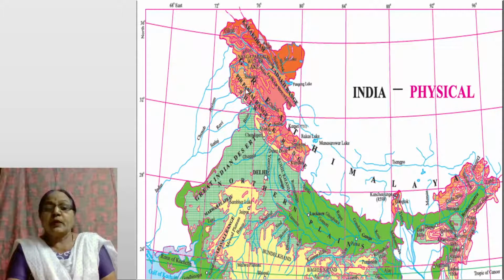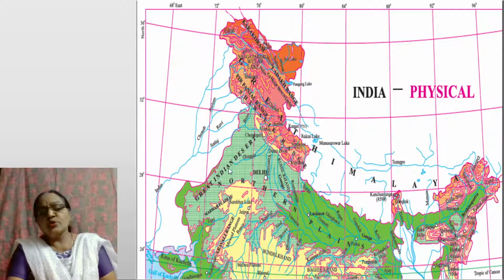Now, these rivers rise in the Himalayas and they flow through the entire western part. They cover the regions of Punjab, Pakistan, and they open into the Gulf of Kutch.